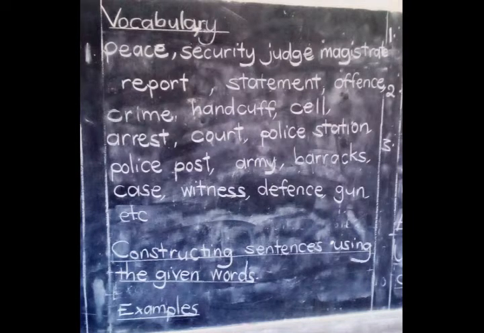Let's go to number 2, which is security. Security is also a noun, which is defined as the activities that are involved in protecting a country. It may not only be a country, it can also be a building.